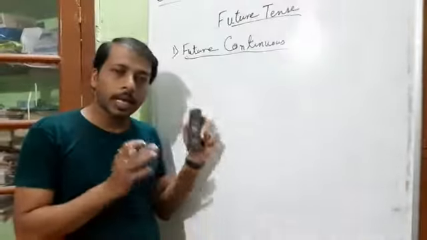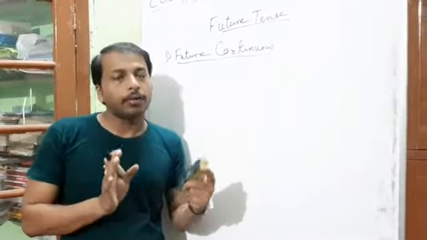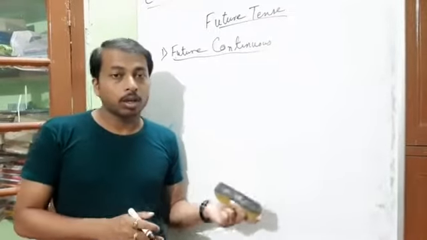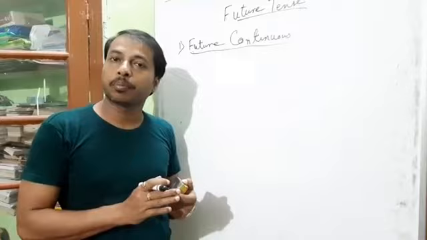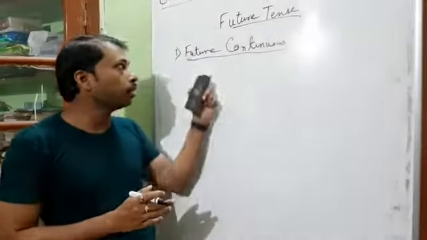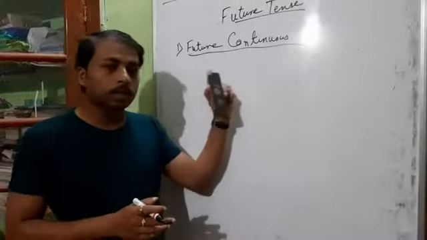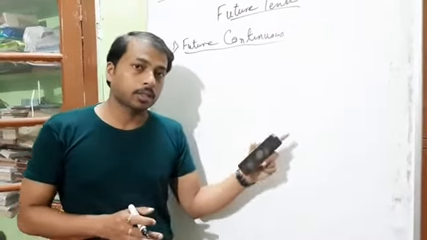It means tomorrow at this moment of time, for a small period, I will do a work, or there will be a work in progress for a small period of time. Such actions are referred to in future continuous tense. Remember, this tense has not taken place. It will take place.